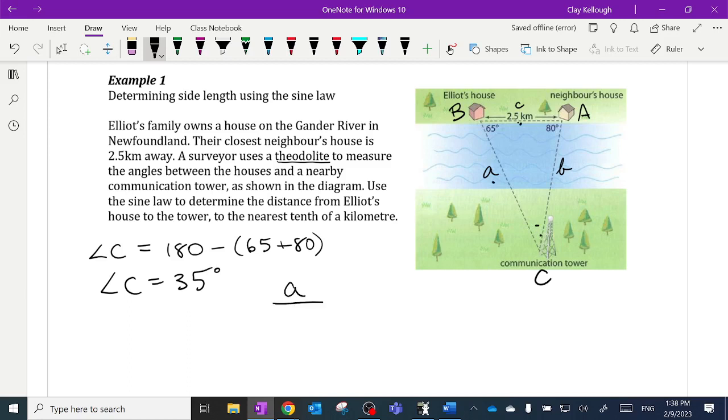So A over the sine of A equals C over the sine of C. So I didn't use B at all this time. I could, but it doesn't ask for it, and it doesn't give me any indication that it cares how far it is from the neighbor's house to the tower. We want to know Elliot's house to the tower.